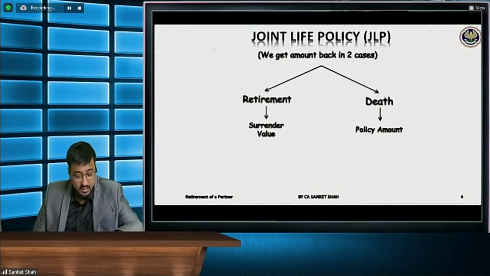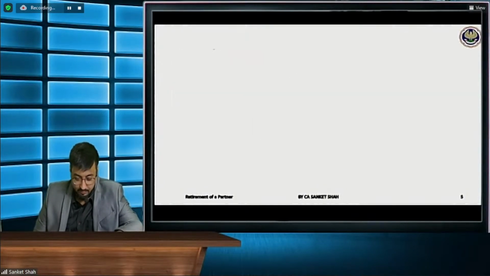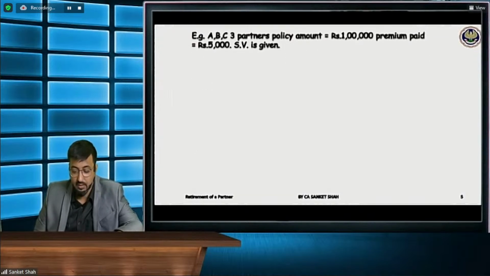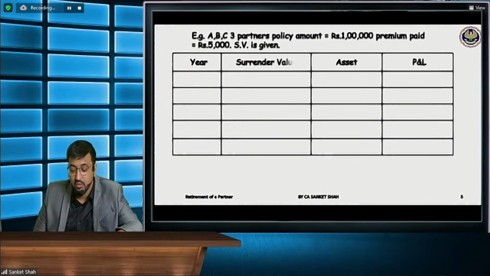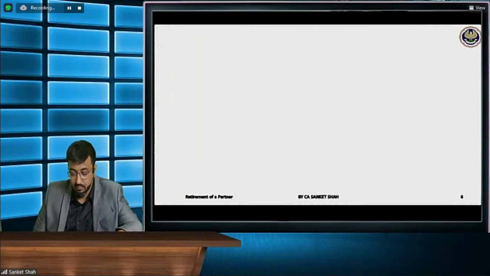Now let's take one example. Write down this example. There are three partners. Policy amount 1 lakh. Premium 5,000 means every year you are paying 5,000 to the insurance company, and SV means surrender value is given.